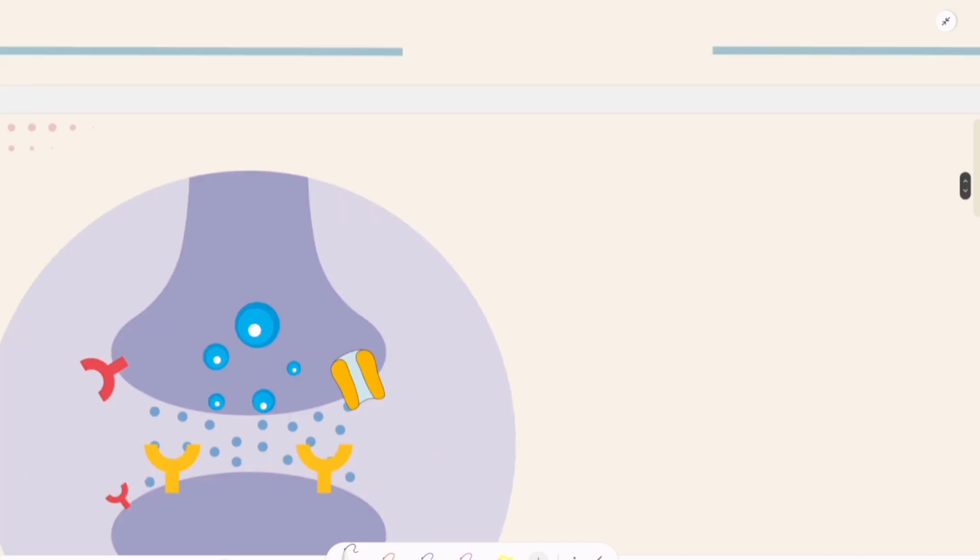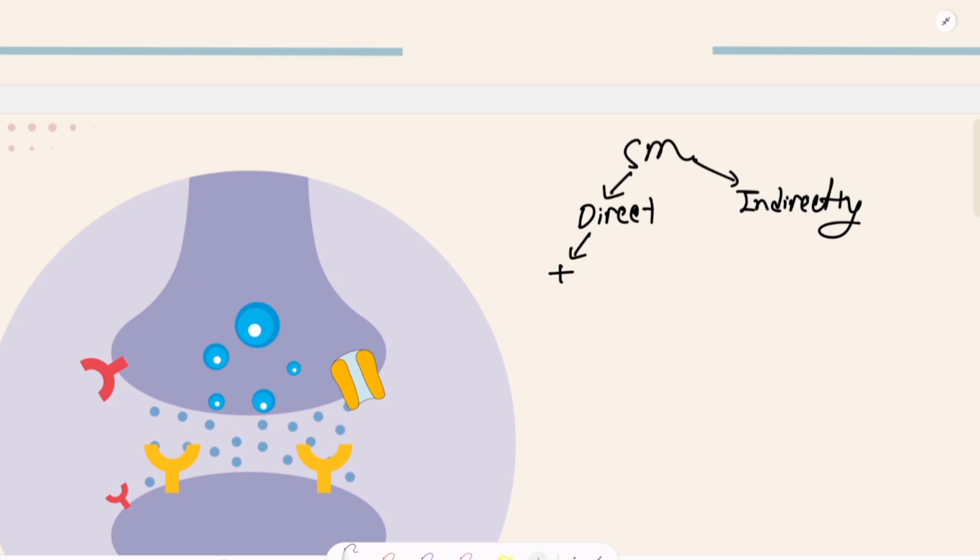Sympathomimetic drugs are further classified into directly acting and indirectly acting drugs. Directly acting drugs will directly stimulate the receptor, but indirectly acting drugs are mainly of two types.